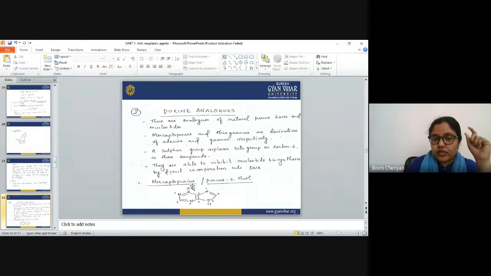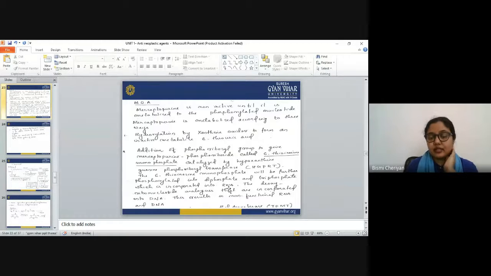So one sulfur atom is present in the purine structure of mercaptopurine, in place of the keto group. So this drug is mercaptopurine, or purine 6-thiol, because the sulfur group is present at the 6th position. So the structure is very easy.